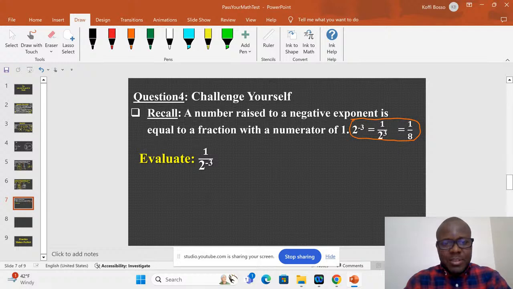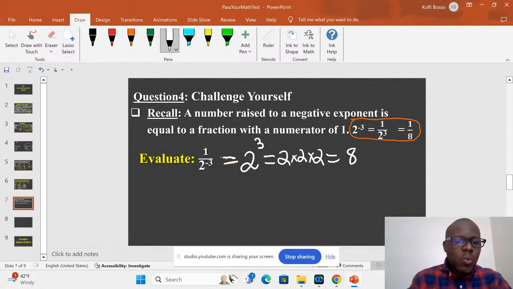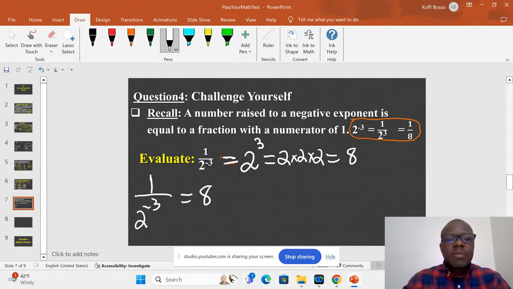The answer to this question is just going to be 2 to the third power, and that is 2 multiplied by 2 multiplied by 2, which is 8. So in sum, 1 divided by 2 to the negative 3 power is 8.